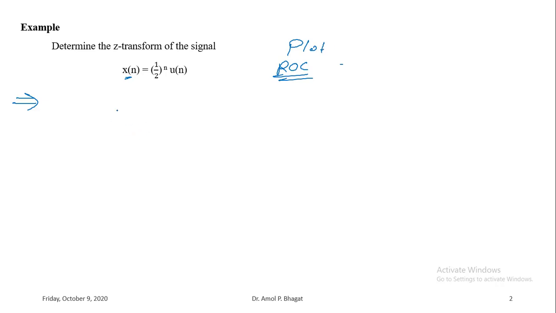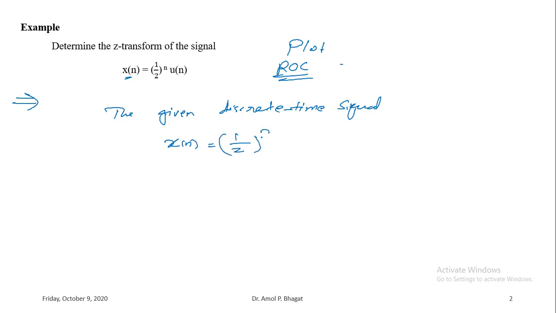So again, the given discrete time signal x of n is equal to (1/2) raised to the power n u of n.